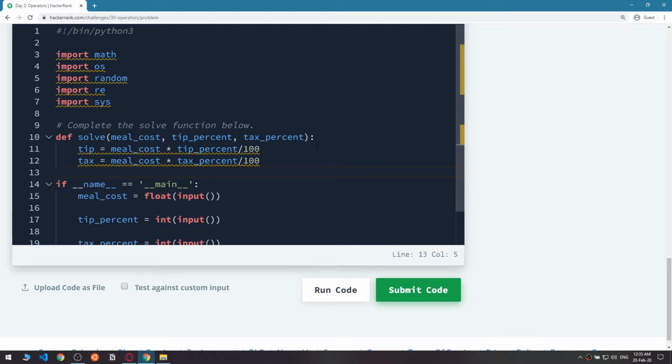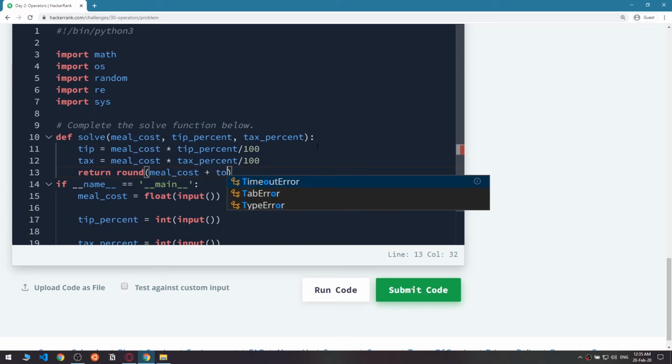Now we should return the round number of meal cost. Okay, meal cost plus tip plus tax.